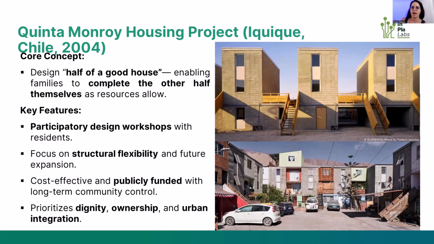And then he left the other half of the house empty, so it can gradually be developed with the funds that the family would have over the years. So in this way, he created an equal, let's say, basis, and then it was up to the family to develop the house on their own, with their own resources.